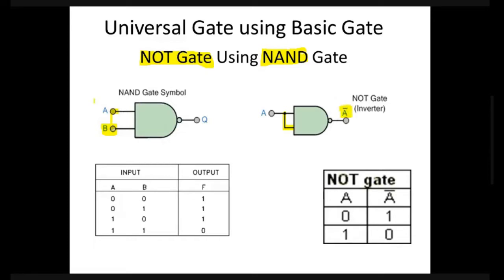Here the A input is there and the B input is there, and we have to check the Q output. Since both are shorted, whatever input is given, it is one input, and one output is taken.